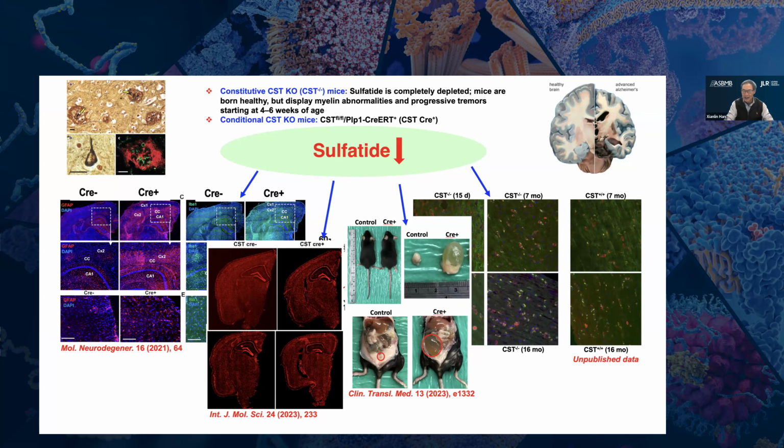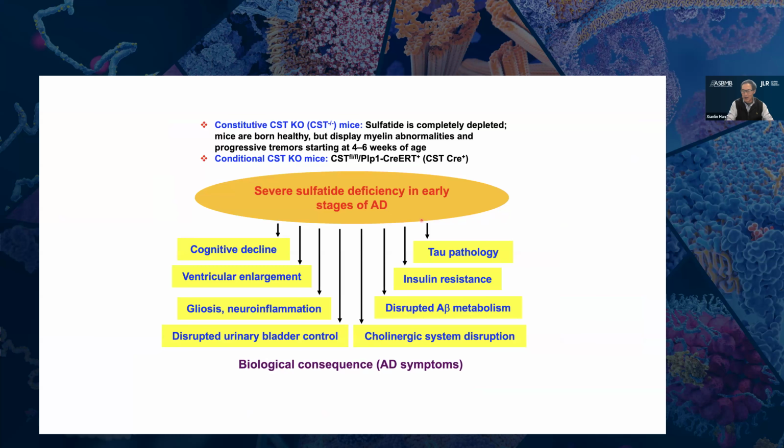So in summary, we have more kinds of findings, such as disrupted A beta metabolism, a disrupted cholinergic system, and peripheral insulin resistance, and some other findings we are still working on.